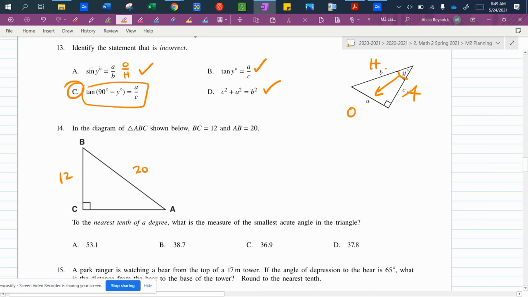Letter D? The Pythagorean theorem. So if I know a squared plus b squared equals c squared, and I'm given a leg and the hypotenuse, this can be 12 squared plus b squared equals 20 squared.